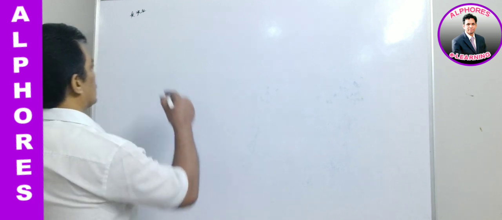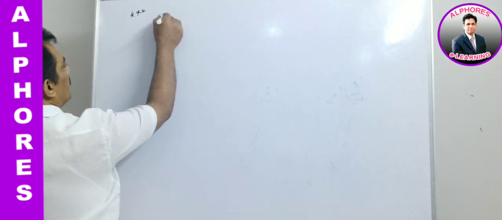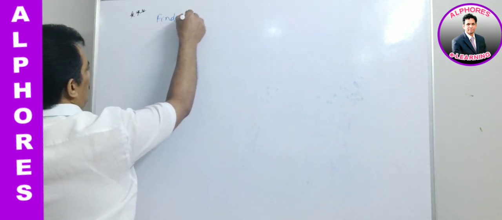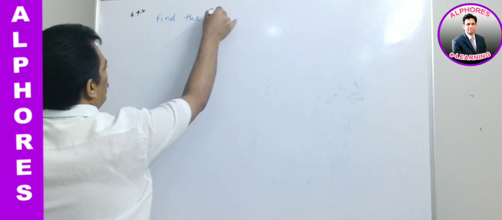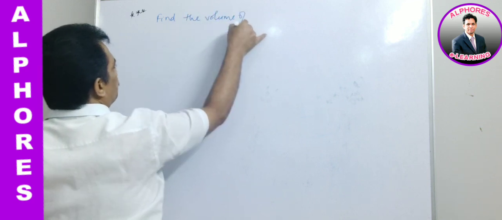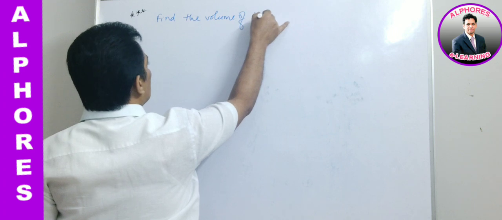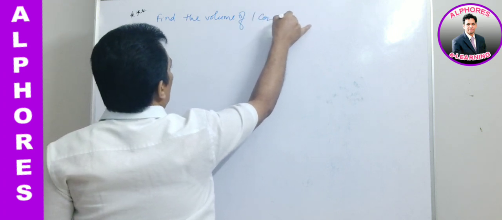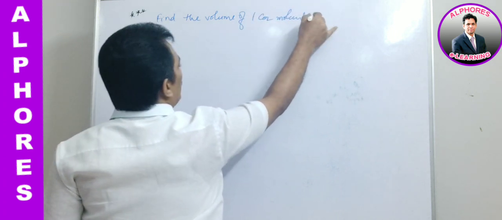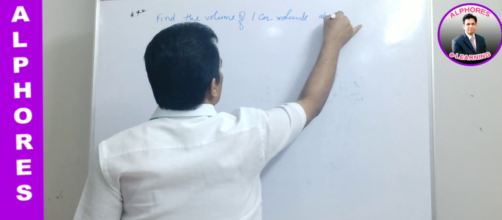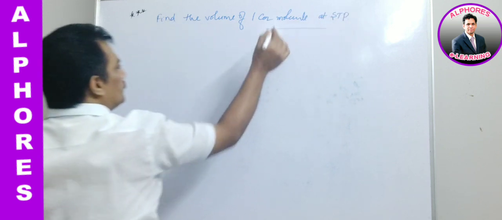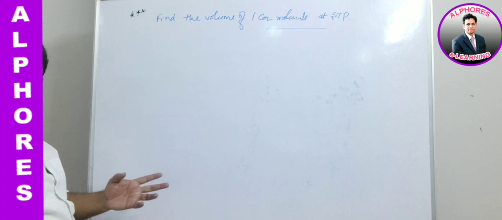But here if they ask, find the volume of one CO2 molecule at STP, here they are asking the reverse.